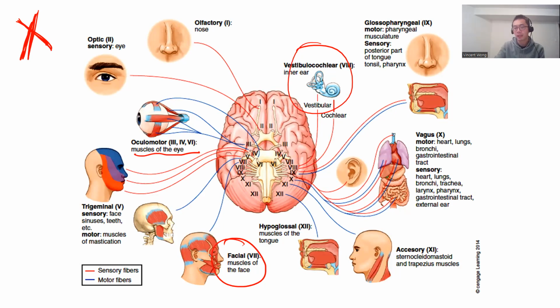If you become a nurse, I think you would have to learn the different kinds of tests you would perform on a patient to identify whether or not they have a defect in one of these cranial nerves. There are certain tests you can do to see if there's something wrong with the trigeminal nerve.